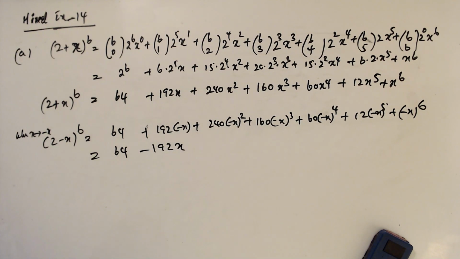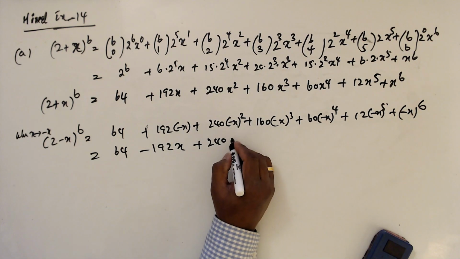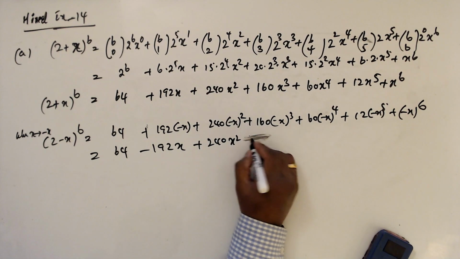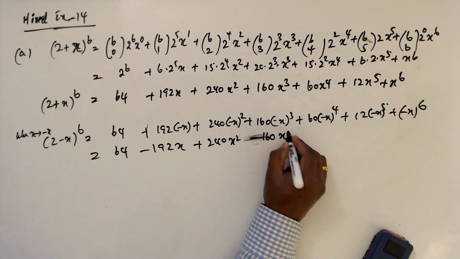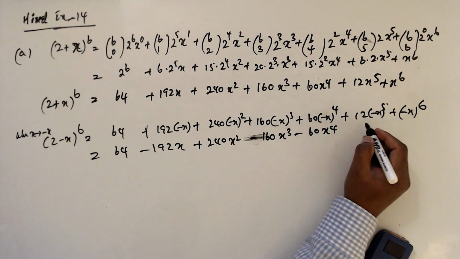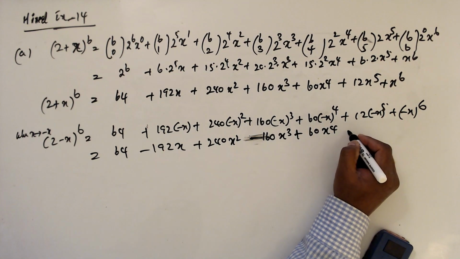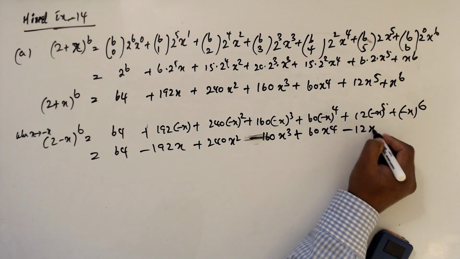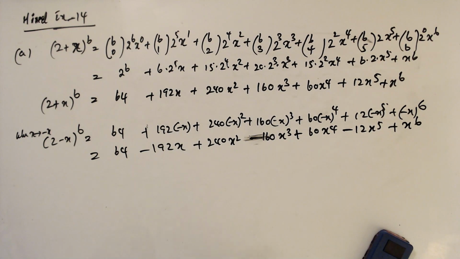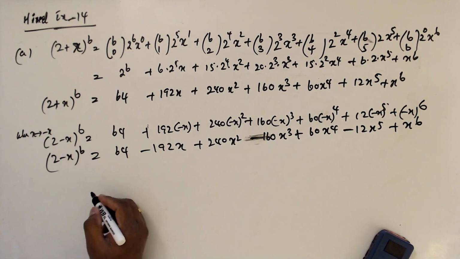As this is an odd power, the sign flips; 240x squared stays; and this is again negative 160x cubed, and this is 60x^4. Sorry, it is going to be positive as this is even, and this is negative again 12x^5 plus x^6. So this is (2 - x)^6.